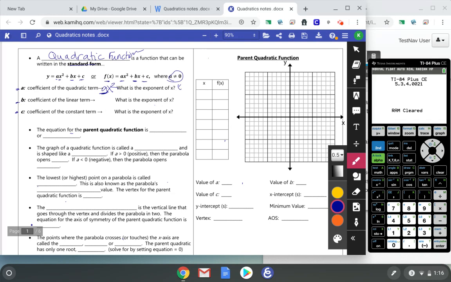So you're looking for, when you have that exponent of 2, look for the coefficient. All right, the B value is always going to be the coefficient of the x term, or if you were to have an x to the first, which most of us don't write that little number 1 there. So if you just had an x by itself, whatever the coefficient is, that is going to be your B term. And then C is the coefficient of the constant.